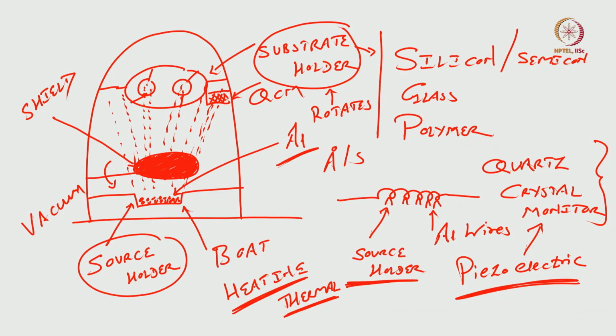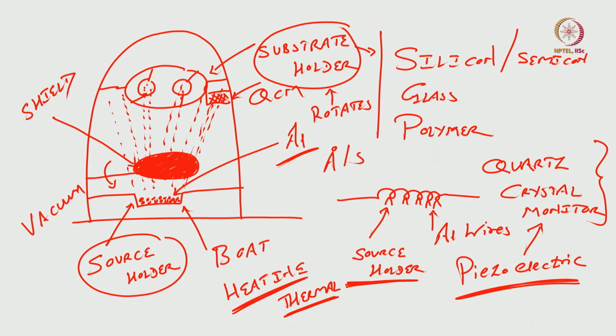So, we talked about vacuum, we talked about the primary pump, secondary pump, we talked about QCM, substrate, source, the power that is given to the source, it melts, it deposits, as simple as that, right.